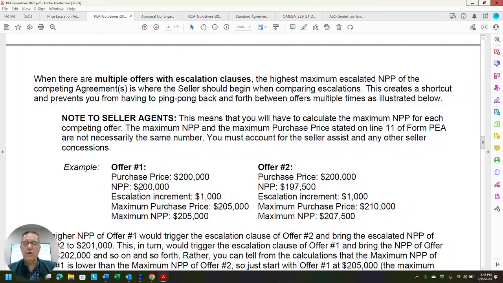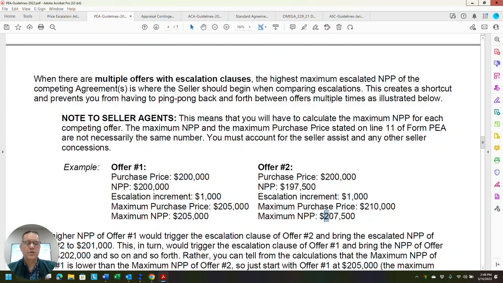So this one here, you're escalating based on the $200,000, but this one here, you're going to escalate from the $197,500, and you're going to escalate it by $1,000. So now this one here is lower than this one. So you're going to escalate above this number of $200,000. You're going to take it by $1,000 above, so now you're going to go to $200,500. Then you're going to take this one and escalate it higher again.